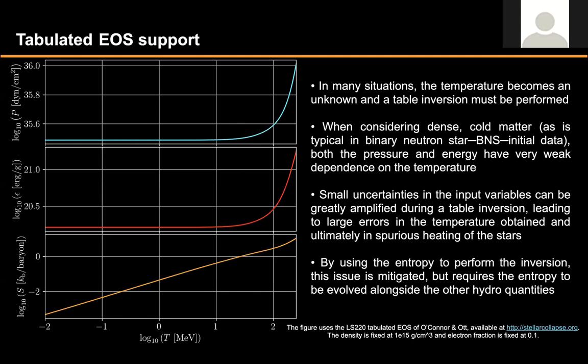However, what we have found is that in regions of the table which are typical for neutron stars, that is high density neutron rich regions, the dependence of the pressure and the specific internal energy on the temperature is very, very weak. That means that small errors in pressure or specific internal energy can be greatly amplified and result in very large temperature errors, causing very large heating of these stars.